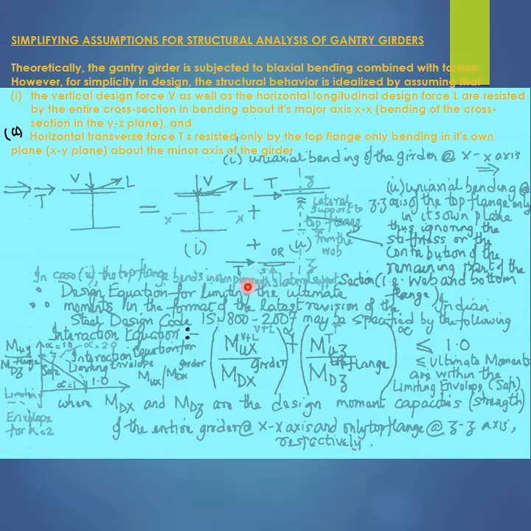The design equation for the limiting values of the ultimate moments, that are the bending moments about the major axis XX and the ultimate value of the bending moment about the minor axis ZZ, are governed by the following interaction relationship.